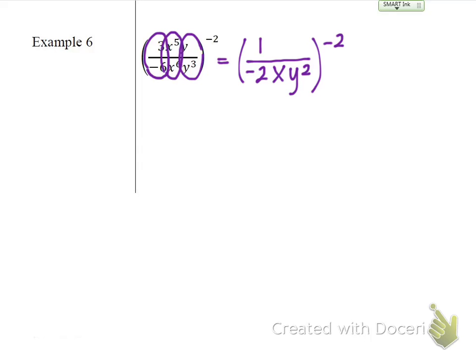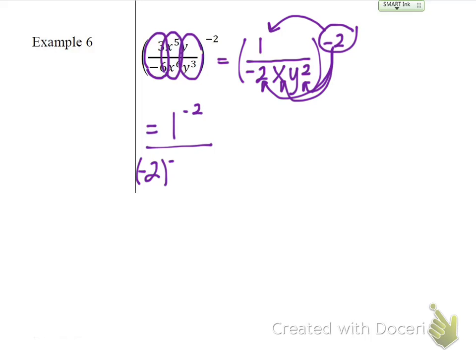And then the last thing that we're going to do is we're going to distribute that exponent of negative 2 to everything. So that gives me 1 to the negative 2 over negative 2 to the negative 2, x to the negative 2, y to the negative 4.